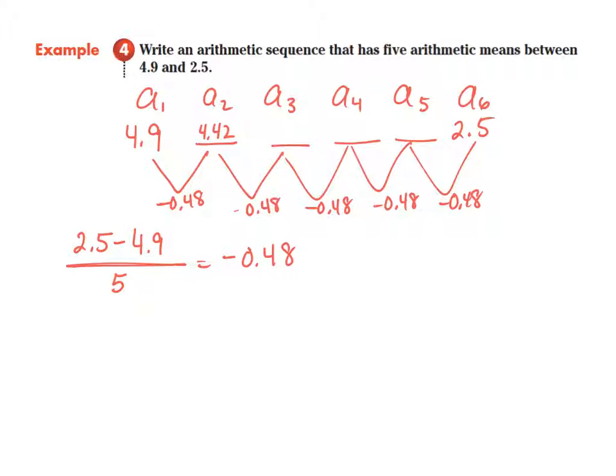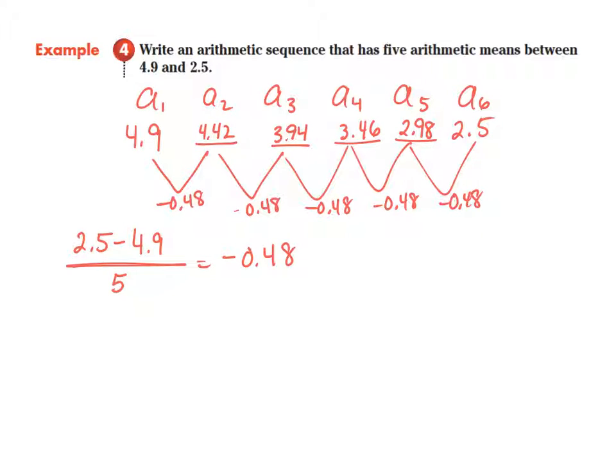And if I do that, minus 0.48, 3.94, minus 0.48, 3.46, minus 0.48, 2.98, and I should be able to subtract one more time and get 2.5. And it's worth doing the extra time to make sure that you've done it correctly, right?